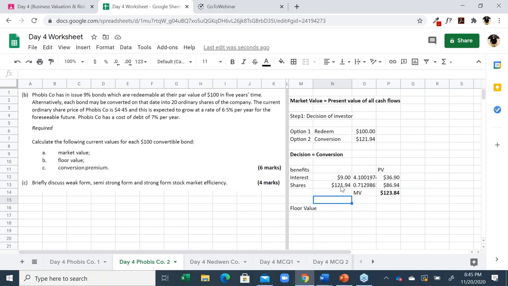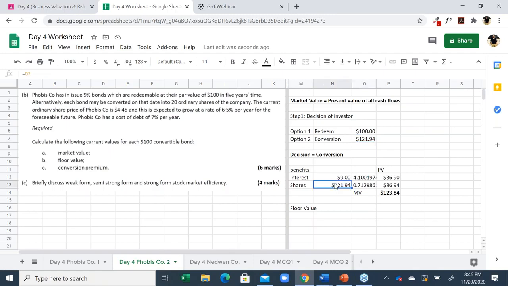The problem is that here we expect that the share price will grow to 121.94, and that's why we have assumed that the investor will not redeem it, rather the investor will be converting it.